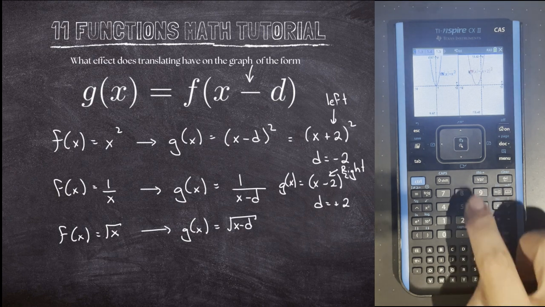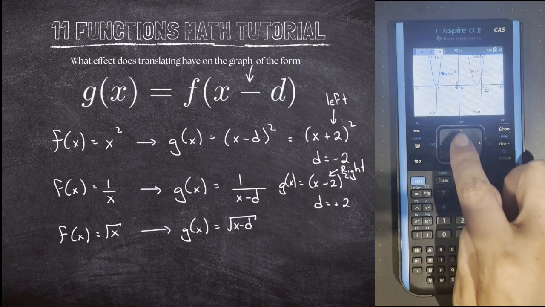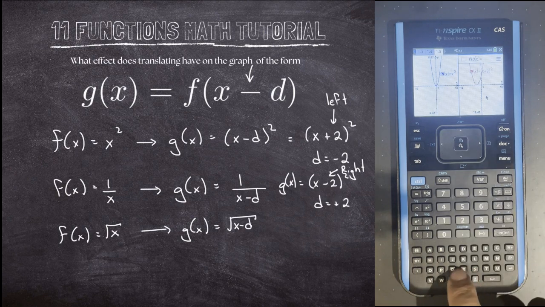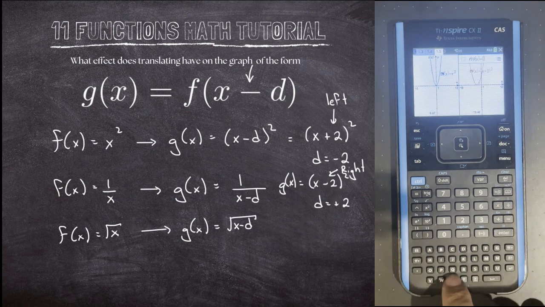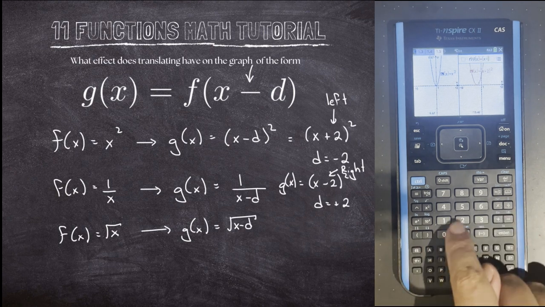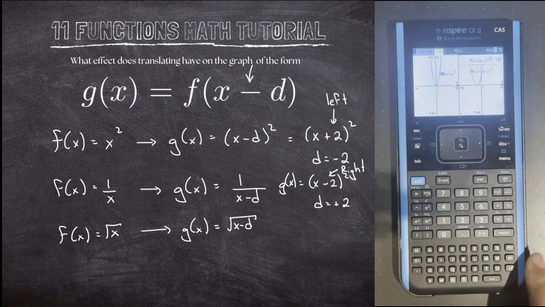Well, that's interesting. What would happen if I made it negative? So let's add another function, x minus 2 squared. That one translated it to the right 2 units.